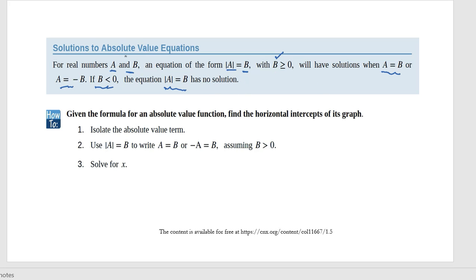For example, if absolute value of x is equal to 4, then x is 4 or negative 4, or plus minus 4. It can be 4 or it can be negative 4. But if b is less than 0, for example, absolute value of x is equal to negative 5, then it's impossible. Absolute value is always positive, so it has no solution.